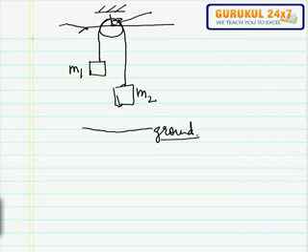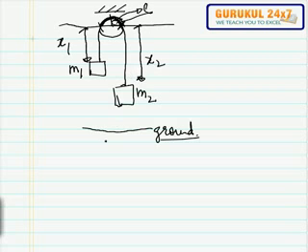Now let us assume at any time mass m1 is at a distance of x1 from our point of reference, and mass m2 is at a distance of x2 from our point of reference. Some of the length is also coming over this pulley. We don't have to worry about that, and let's call that length L. Now how to find the constraint relation?